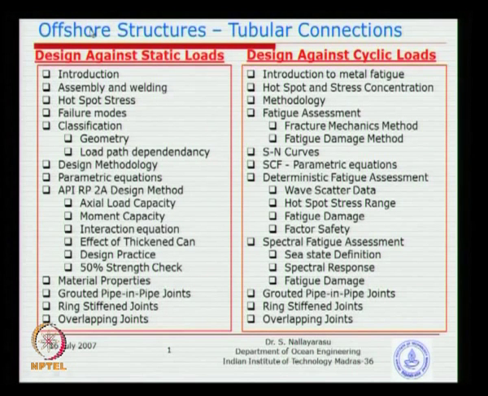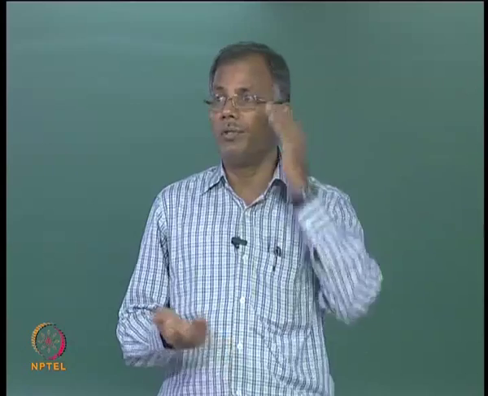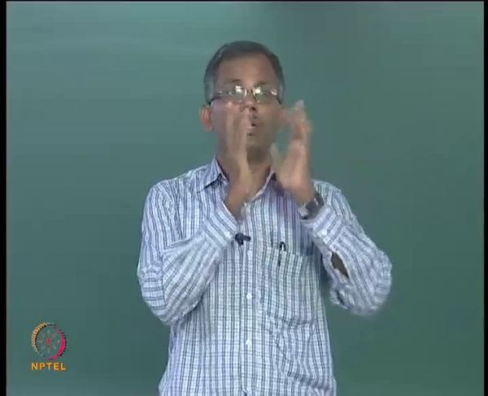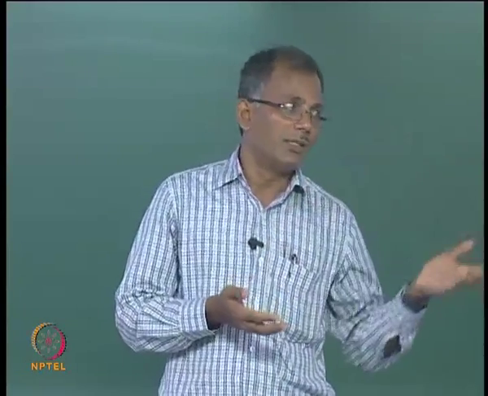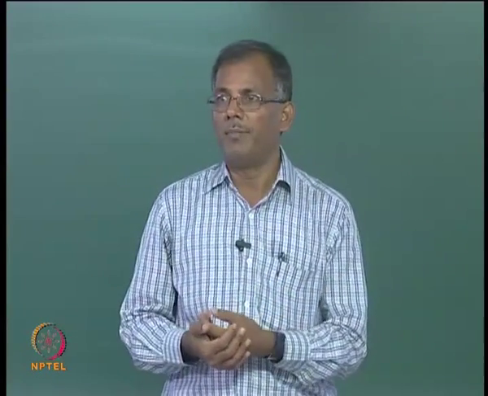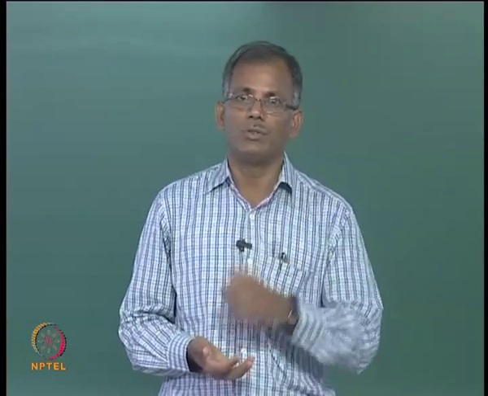Now, we are going to quickly look at what API is asking us to do, because most of the design of offshore structures, either in India or elsewhere, adopts API universally, because it has been well established for a long time. It is not that we are addicted to it, but there is no other choice, because we do not have a design code in house, like you have design codes from the Bureau of Indian Standards, several design codes for concrete structures, industrial steel structures or other mechanical components, whereas for offshore structures we do not have a code.